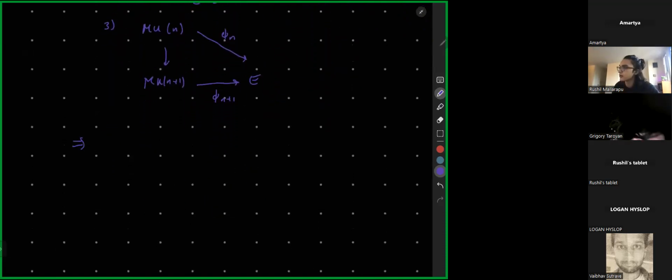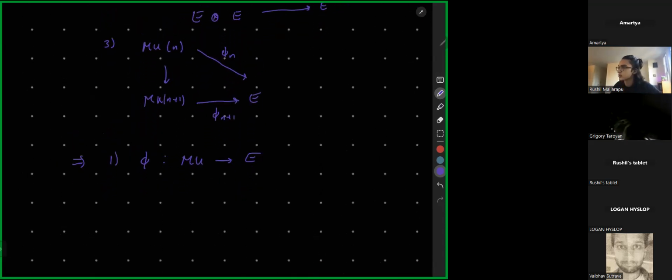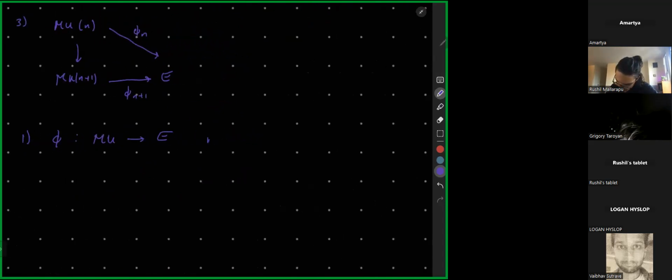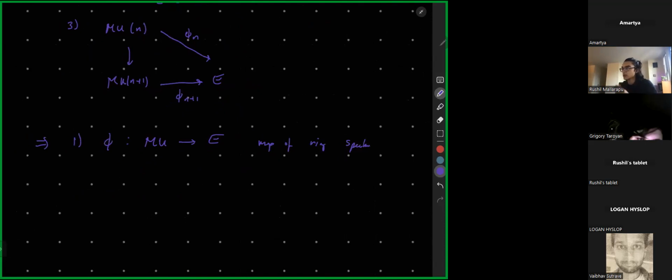And all that implies is that we get a map phi from the colimit, MU, to E, basically by this third condition. And this is a map of ring spectra, because it preserves the multiplication and the unit.